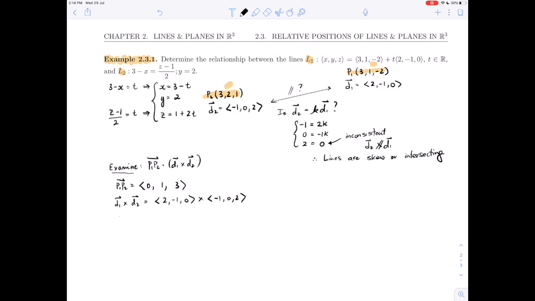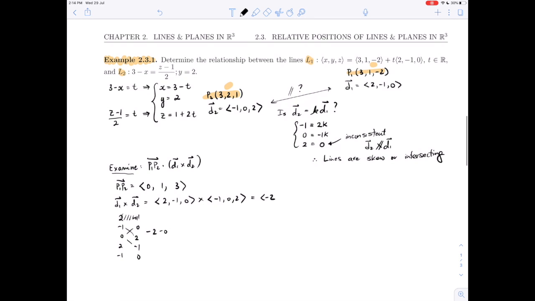We'll recopy the components, bar off the first. And what are we getting here? -2 minus 0 gives me just -2, then 0, -4, and 0, -1.